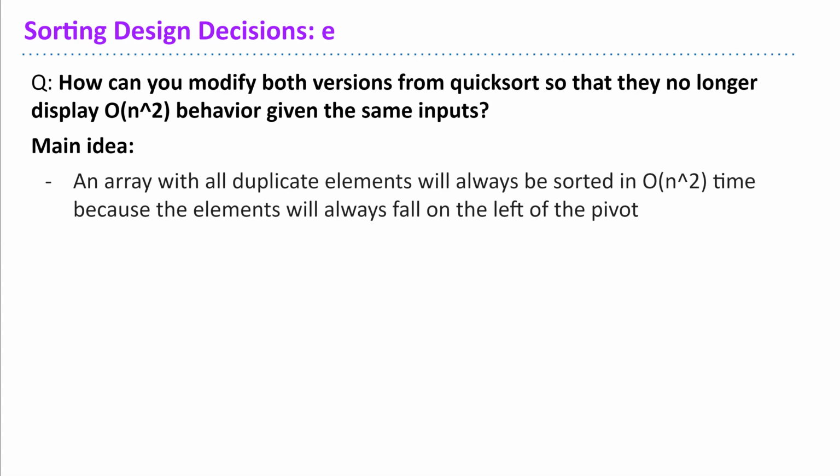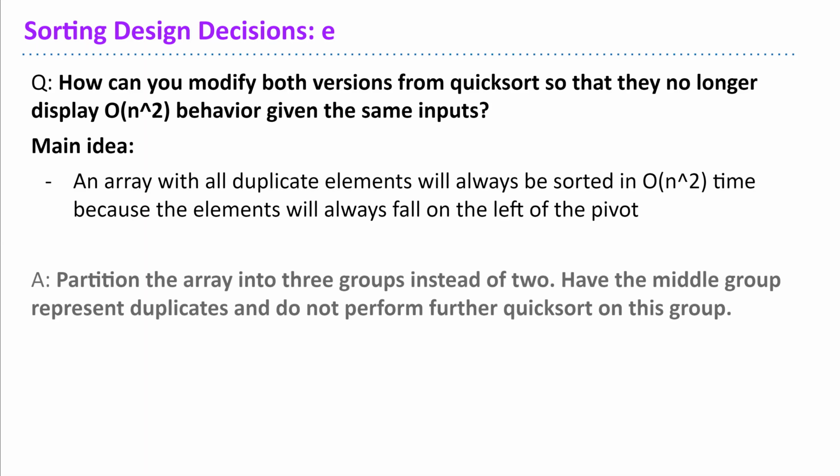So the main idea here is that an array with all duplicate elements will again always be sorted in O of n squared time because all the elements will fall on the same side. But we want to optimize for this. There are plenty of ways we could do this, but one way we could go about this would be to partition the array into 3 groups instead of 2. So here's how we would do this.